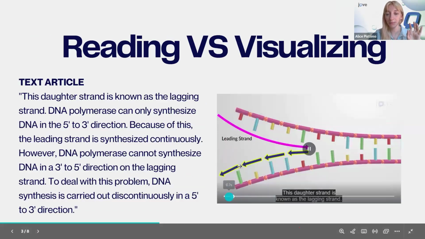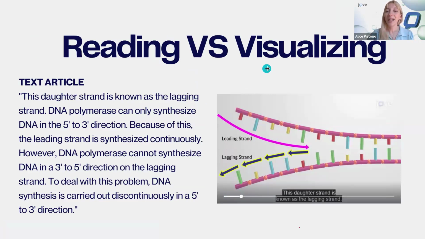This daughter strand is known as the lagging strand. I'd like for you to take a moment to read with me what's written on the left. This is a very typical line that people would find if they were studying molecular biology at all levels. And this is about how the daughter strand, known as the lagging strand, can be replicated.